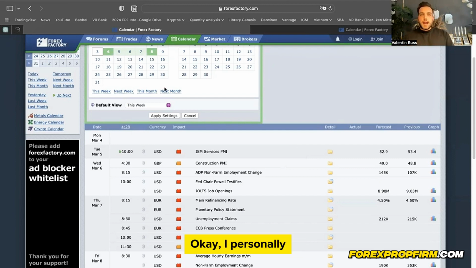Okay, I personally use ForexFactory.com. When you open up the page, it looks like this. As I'm trading only EURUSD, this is the reason why I'm only watching out for USD and Euro news.